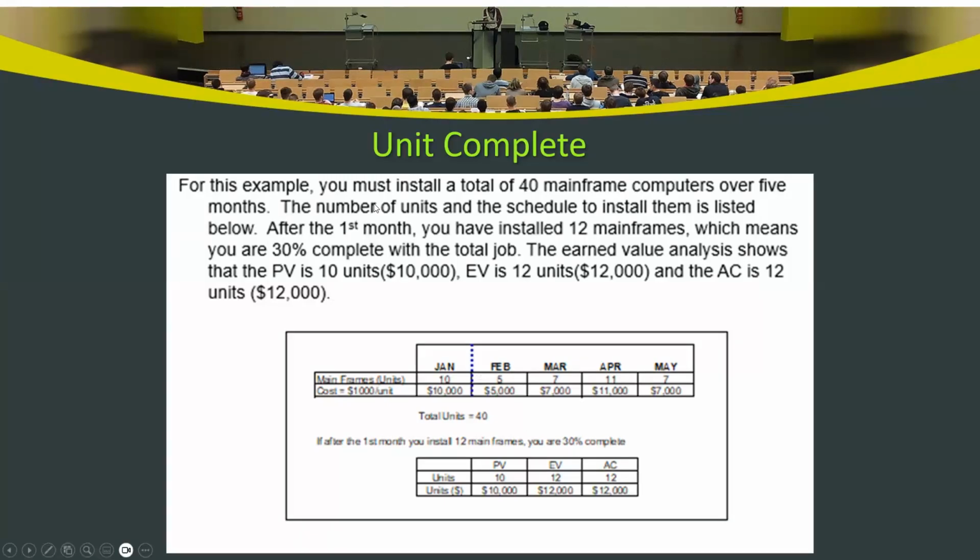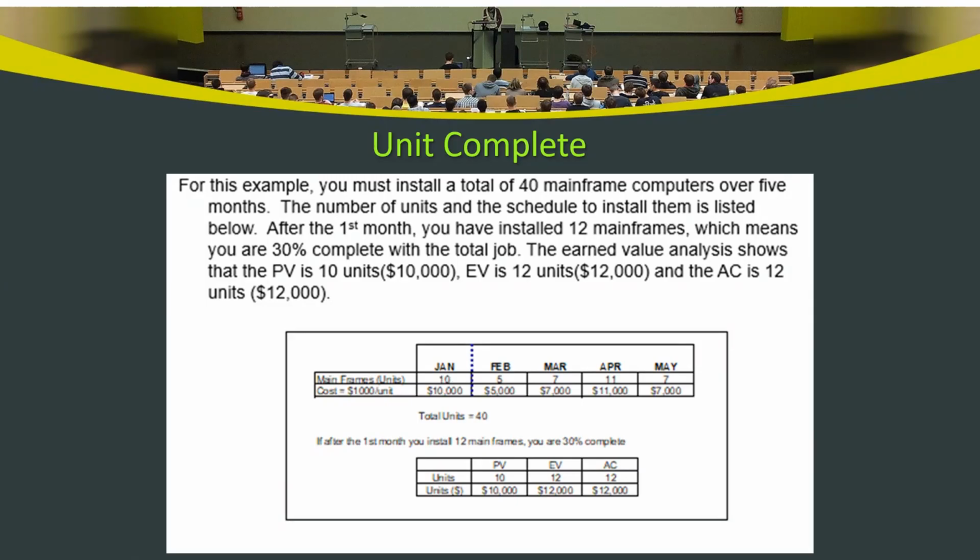Based on what you see here, the original plan, made before you started the project, says you should have completed 10 computers by the end of January.